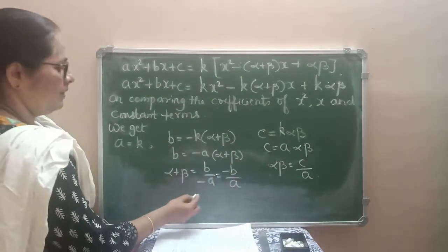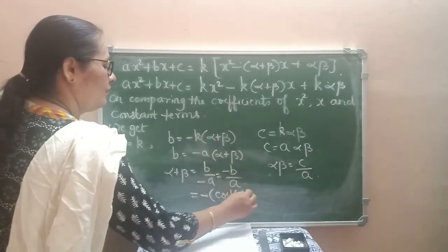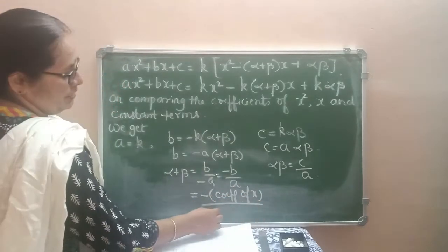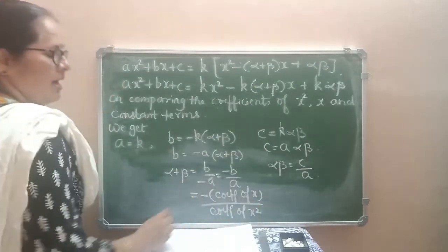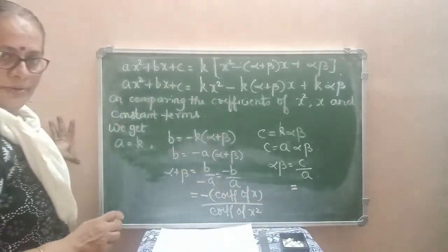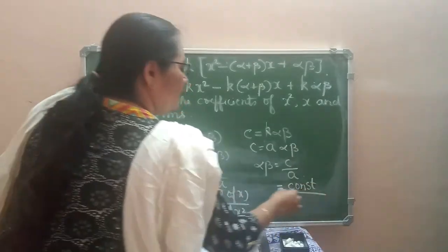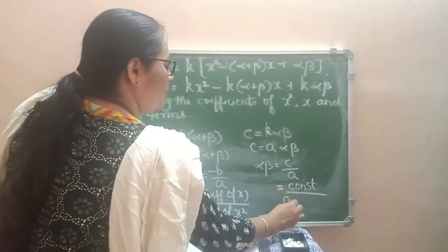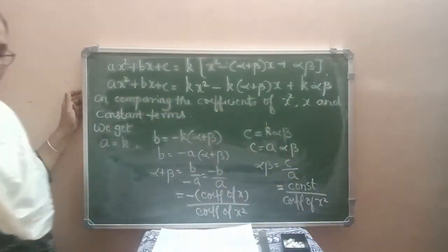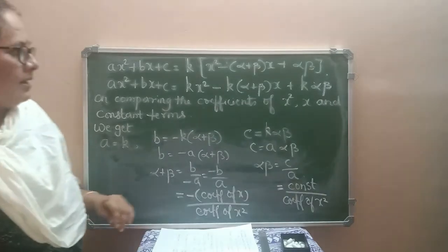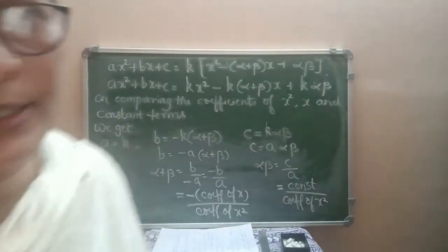That is nothing but minus coefficient of x upon coefficient of x square, and the product of the zeros is equal to the constant term divided by coefficient of x square. So this is one of the important relations between zeros and coefficients.